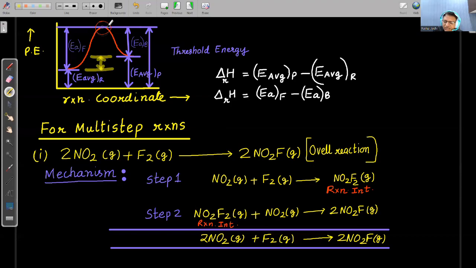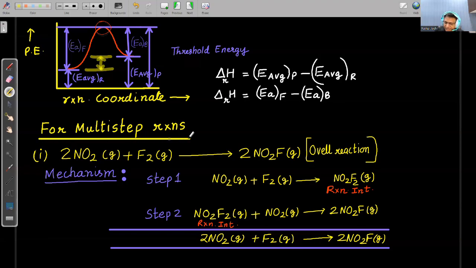We are changing their names, but basically there are many activated complexes from here to here, but only one activated complex with the highest energy is known as the transition state. If a molecule reaches the transition state, then it will convert into product. Before this maximum value, if it is here, it can come back. So this is important.